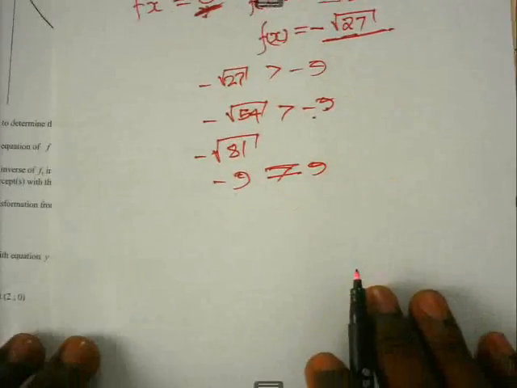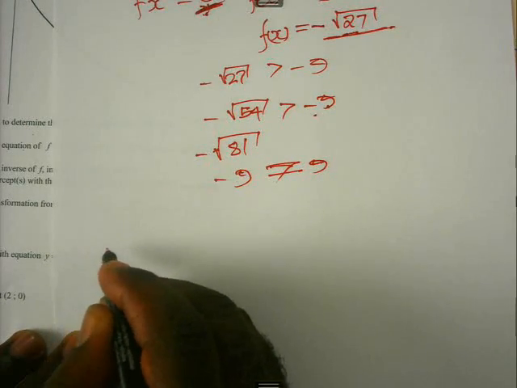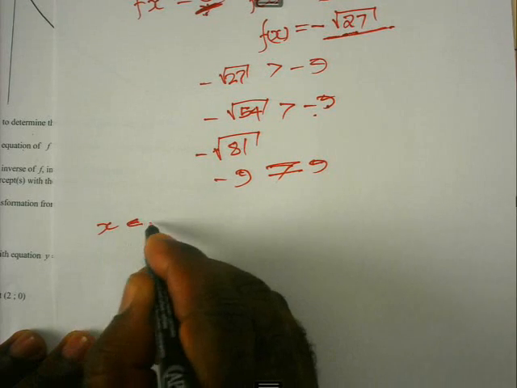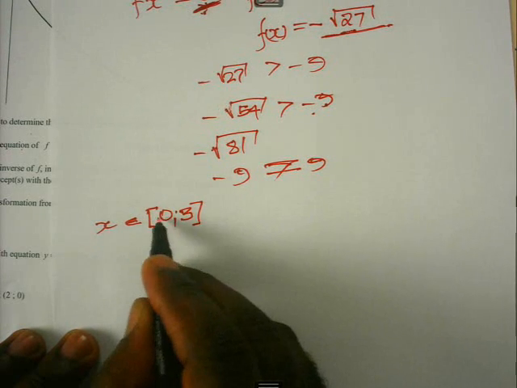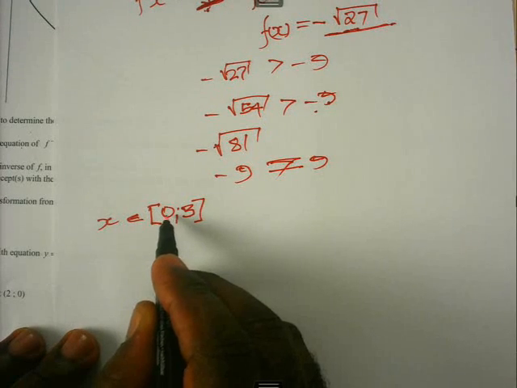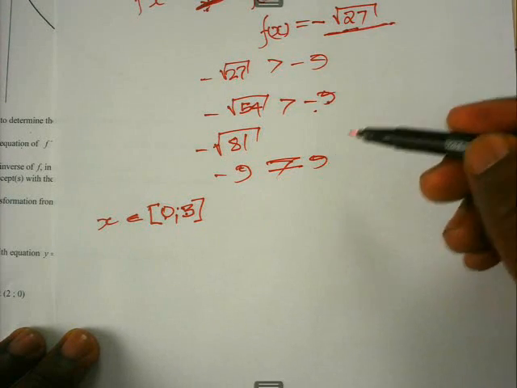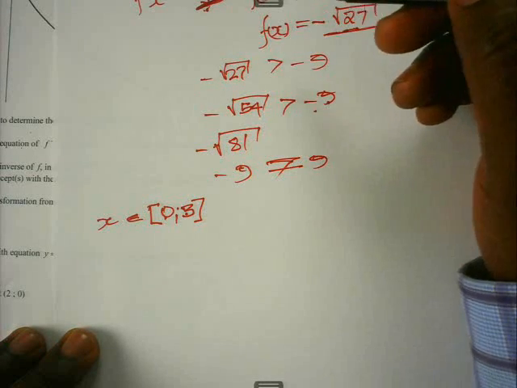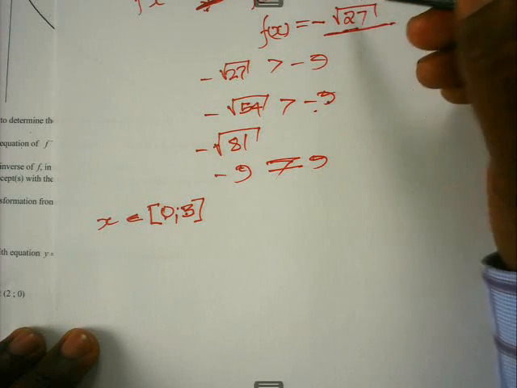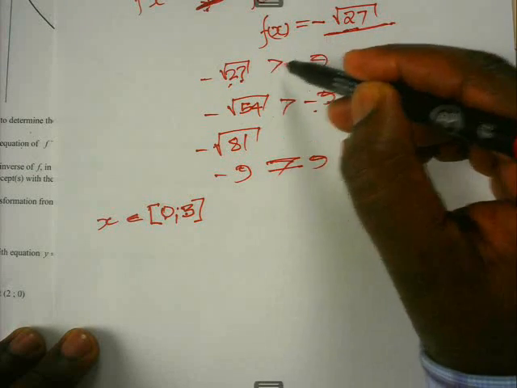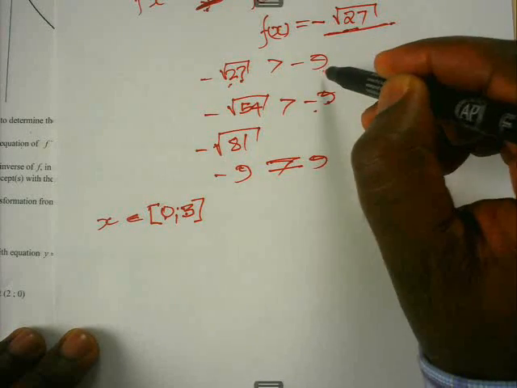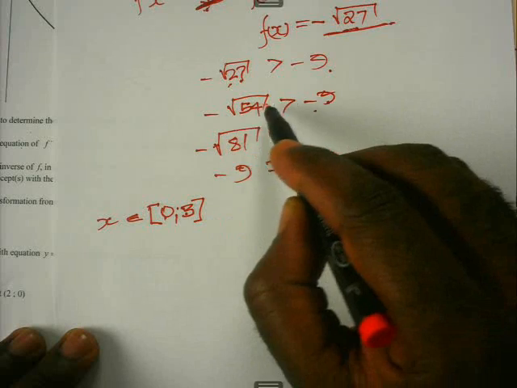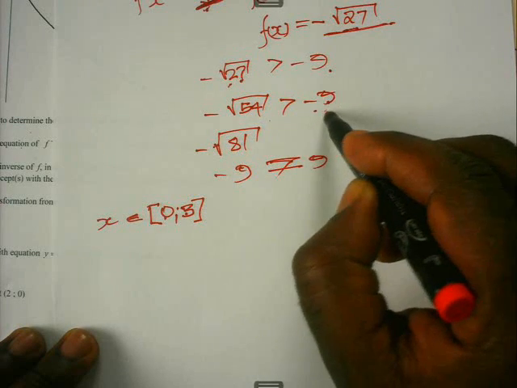So the values of x would be x is an element of the closed interval 0 to 3, because all the numbers from 0 to 3 were admissible. We started with 0, then 1. Negative the square root of 27 is indeed greater than negative 9. Negative the square root of 54 is indeed greater than negative 9.